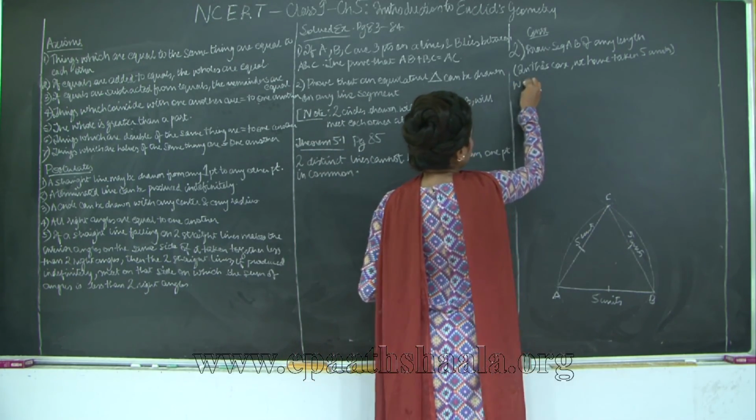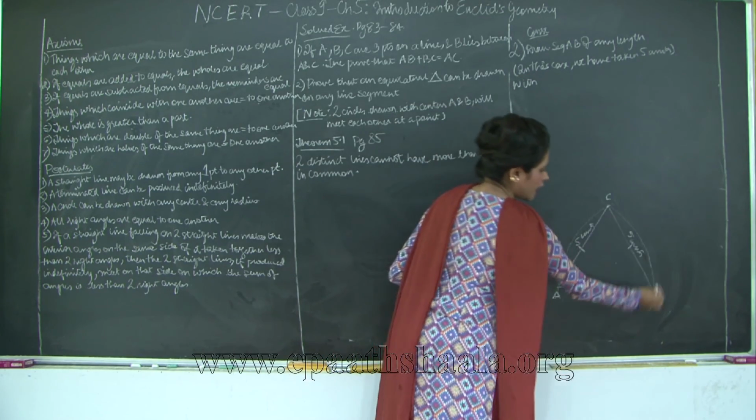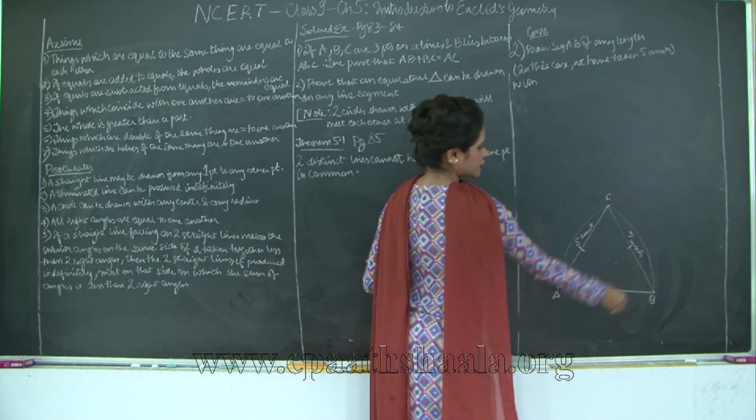Now what was the next step? With A as the center and AB as my radius, I cut an arc through B, right?